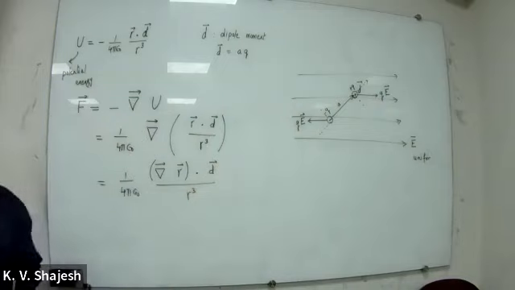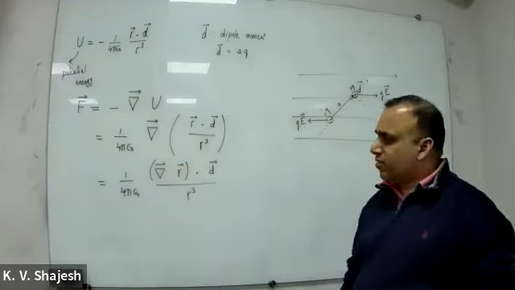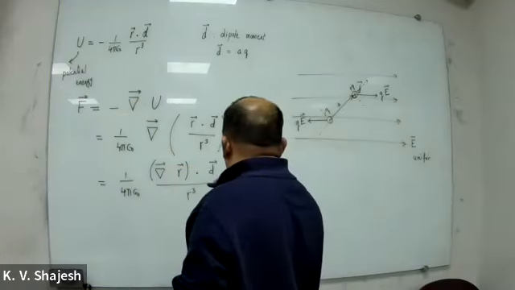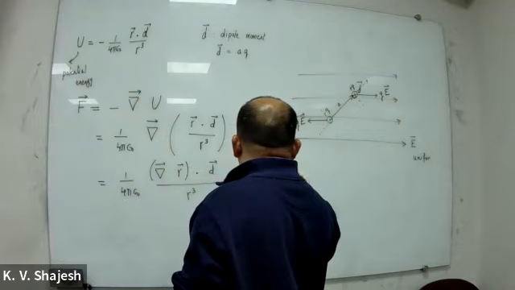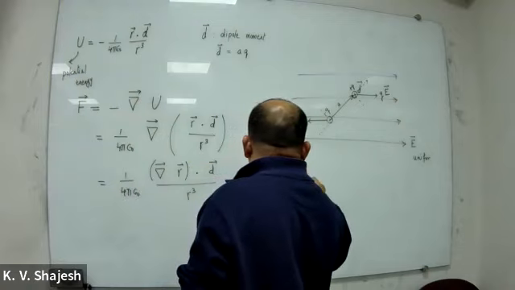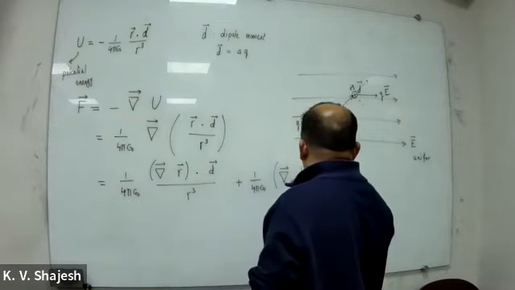That's the first term. And the second term is I have to hit R cubed. So this is plus 1 over 4 pi epsilon naught, gradient of 1 over R cubed, and R dotted with D.